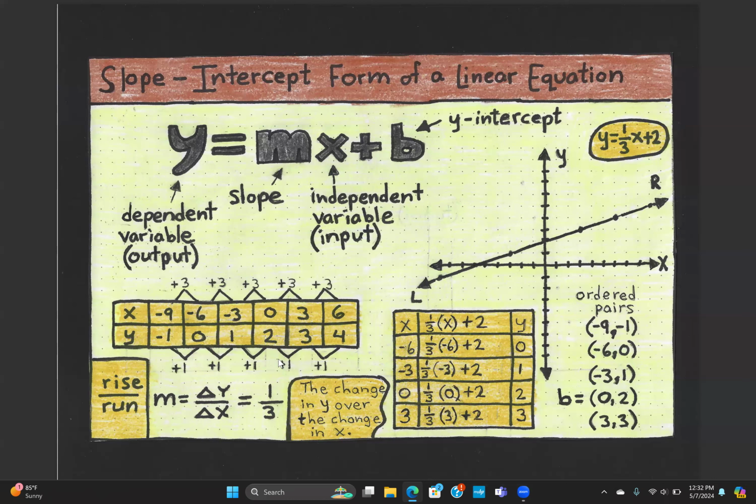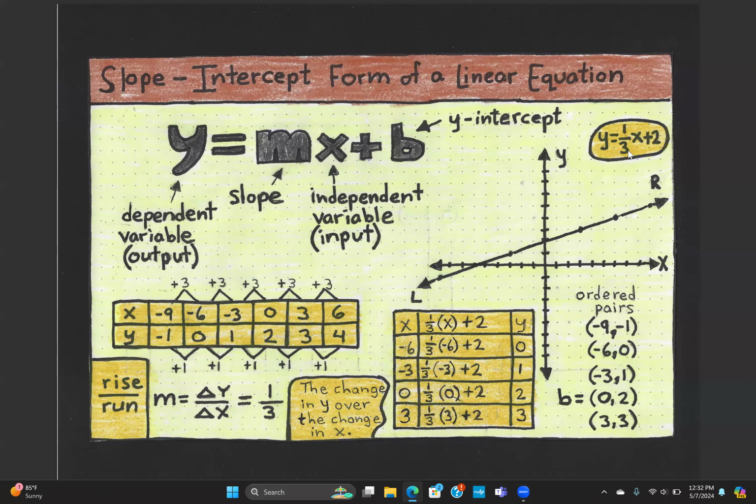As you can see, the change in y is a positive 1, and the change in x is a positive 3. Hence, we have our slope of this y = mx + b equation.